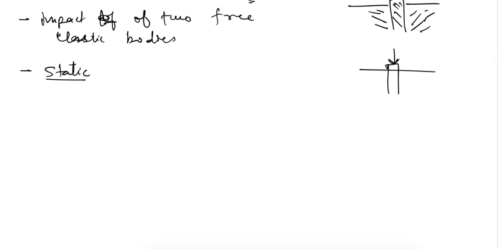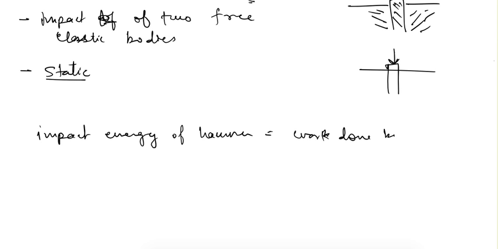So how do we derive this formula? To derive the formula, the impact energy of hammer is equated with the work done by pile. So when we drop the hammer on this pile, because of that it will have some impact energy.